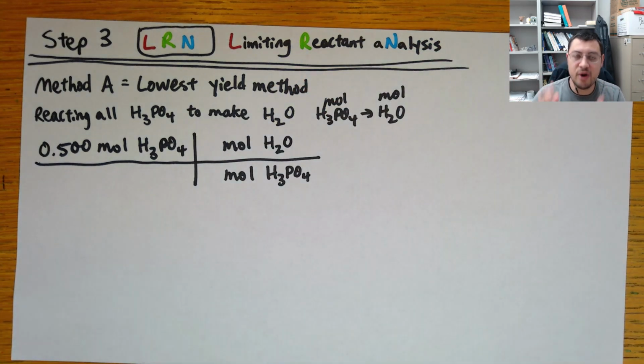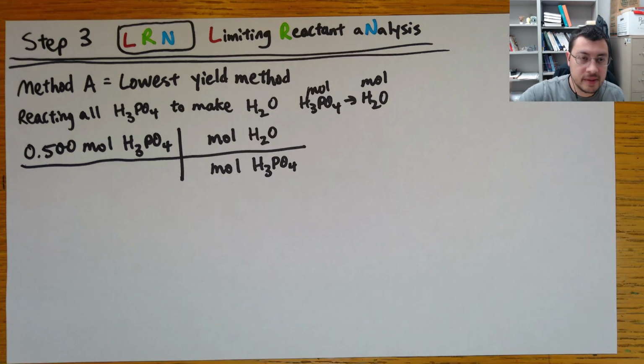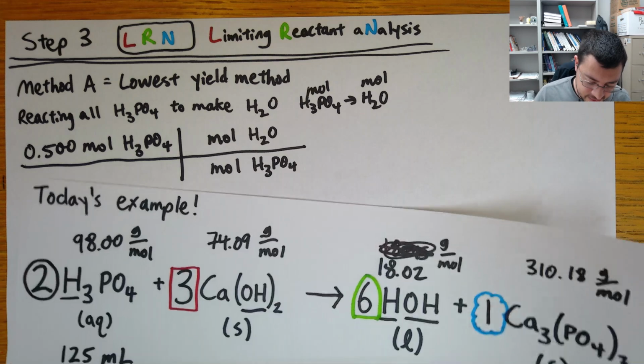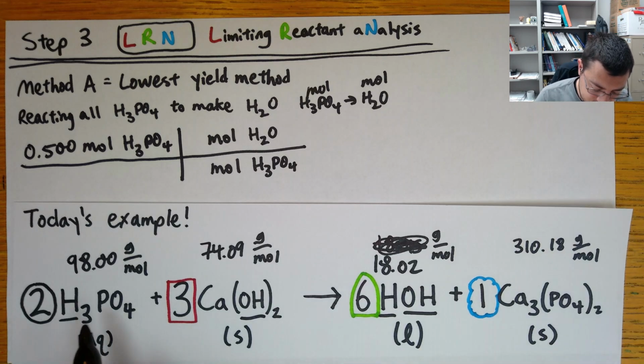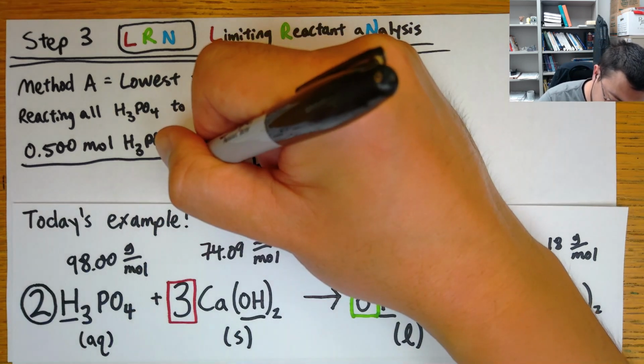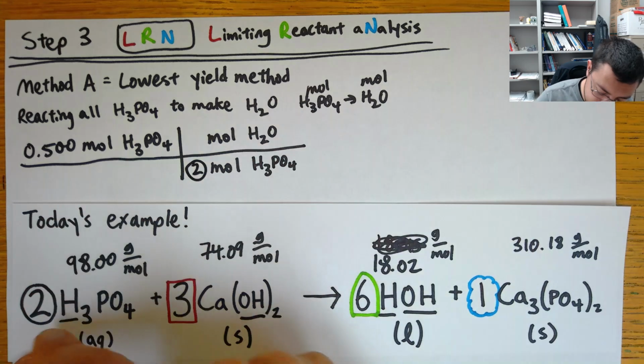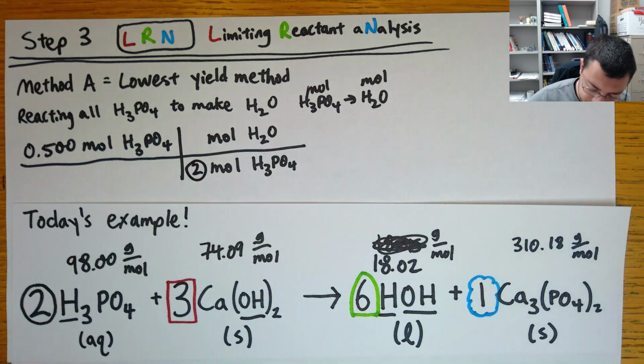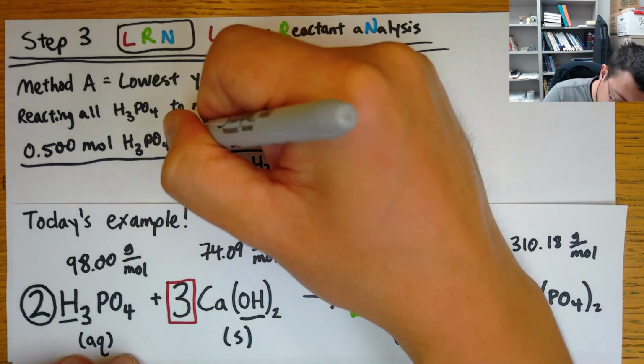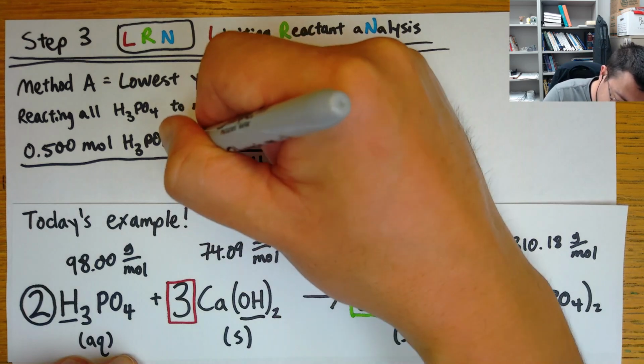And this is the only time you ever use the balanced equation coefficients. That's going to be in a mole to mole ratio. So go ahead and fish in your notes for that balanced equation. We have a 2 in the black circle, and then we have a 6 in the green acorn triangle thing.